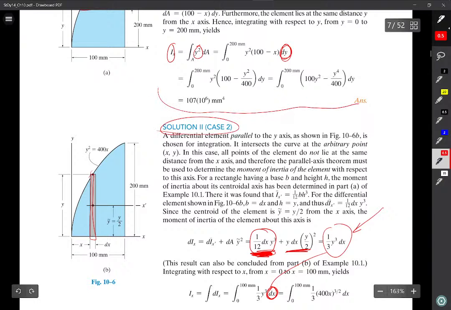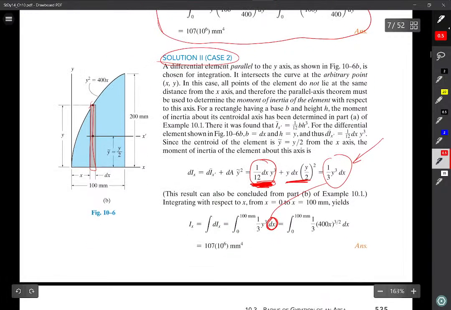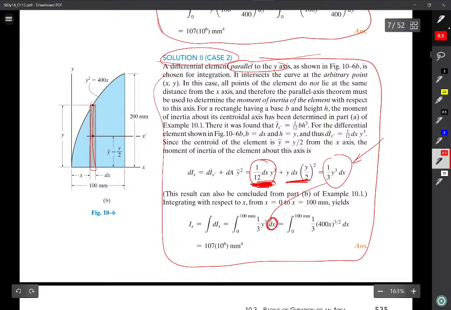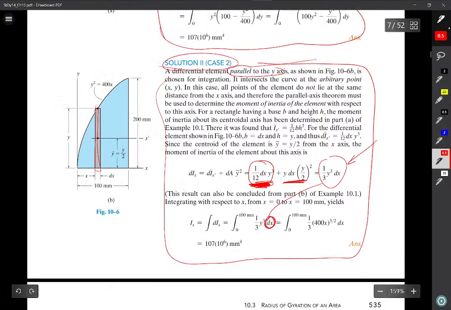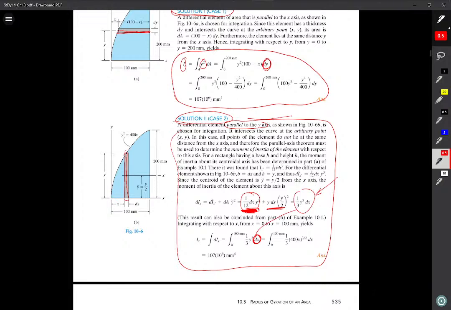This is a direct image of Cal 2. This is a little bit different, and it uses the parallel axis theorem to swap the integral. In other words, up here, you're effectively doing y squared, and you're doing a double integral, and on the outside is y, on the inside is x.